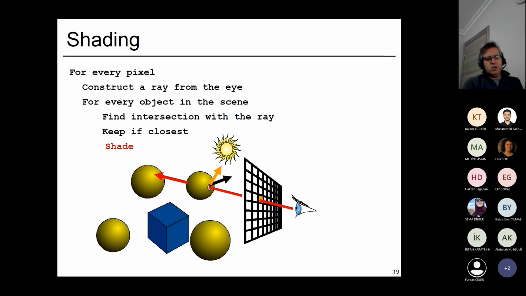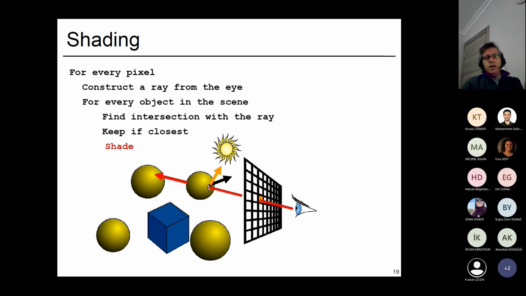In the rasterization algorithm, we were starting the other way. For every surface or primitive in the scene, we were projecting those primitives into the image plane, right? It was going the other way around. And then we were doing some sort of depth analysis and so forth.